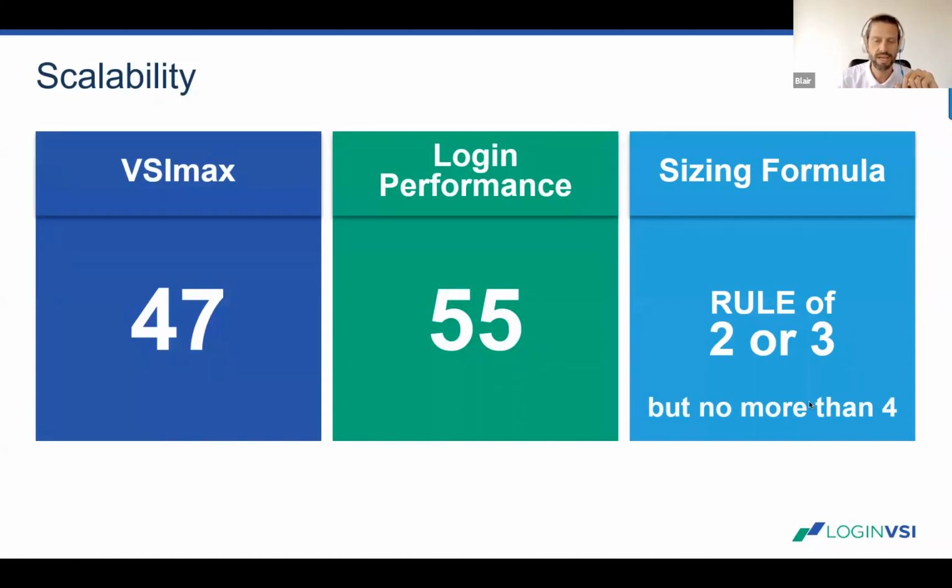Now, of course, that can change as we have new technologies like MSIX, App Attach, and other things that we're using. But for now, if you're looking for a good place to start, let's start with the rule of two or three. You can always go up from there, but it can save you time by at least knowing where to start instead of me starting at about 160 sessions and not doing so hot.